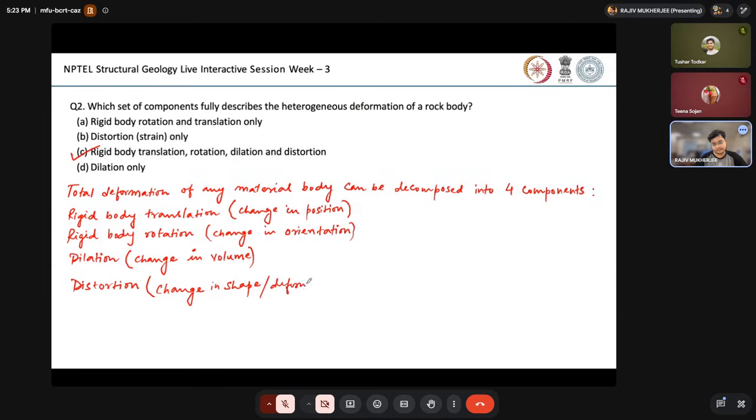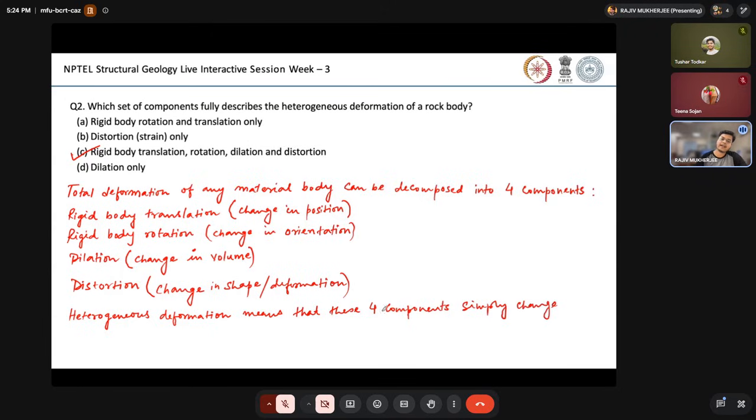Now heterogeneous deformation means that these four components simply change inconsistently.